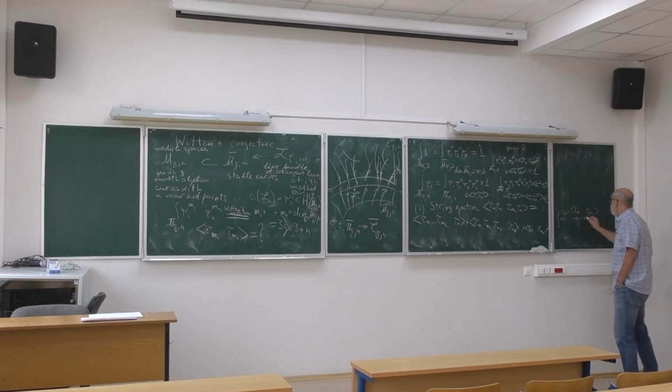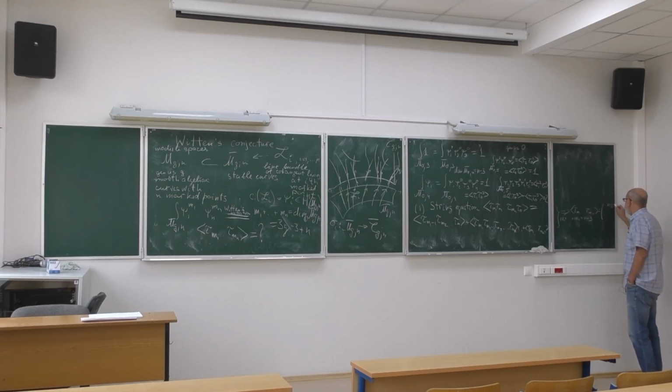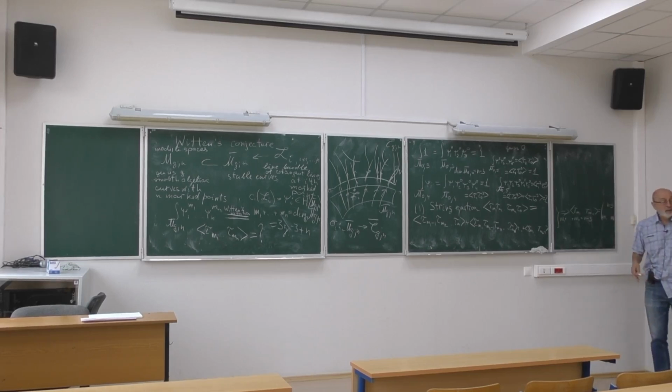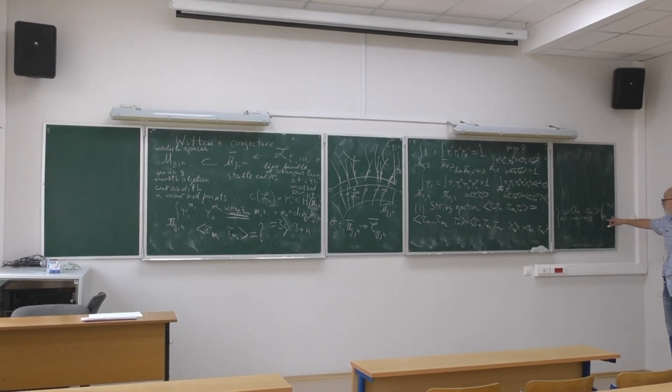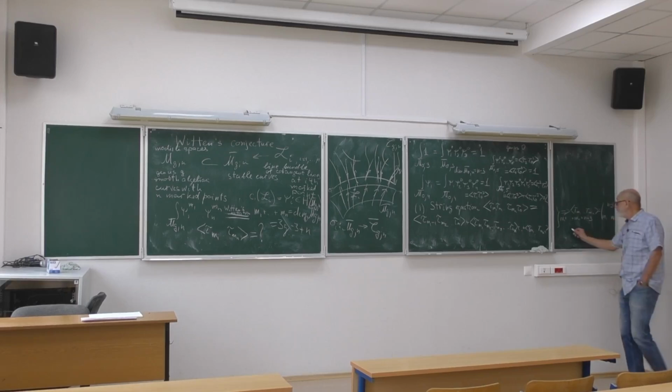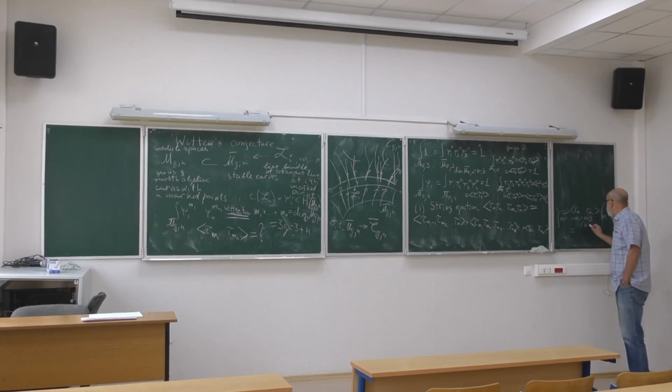This is just the multinomial coefficient n minus 3 choose m1, ..., mn, which is n minus 3 factorial divided by m1 factorial ... mn factorial.